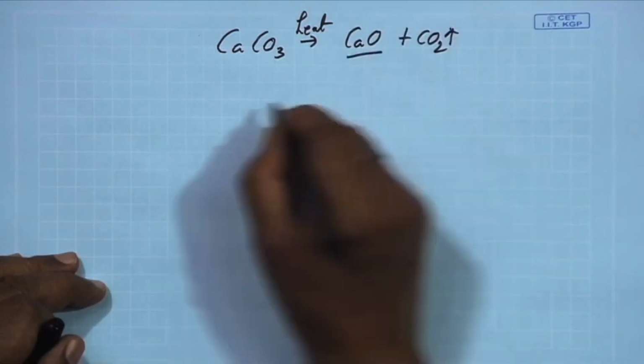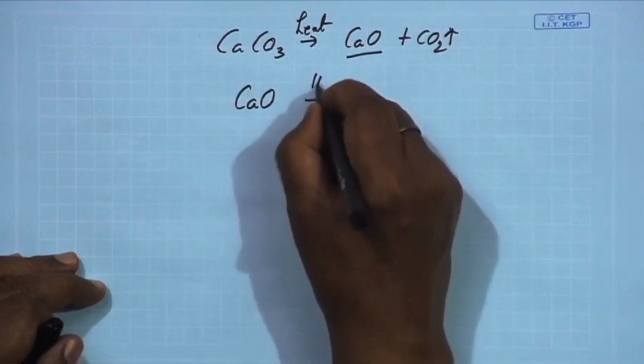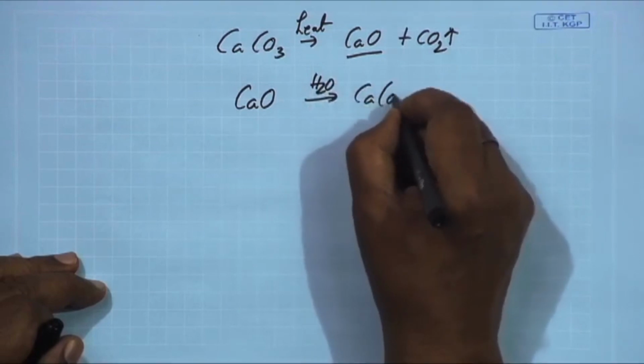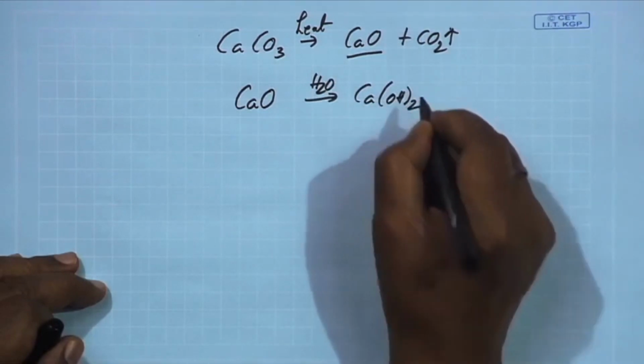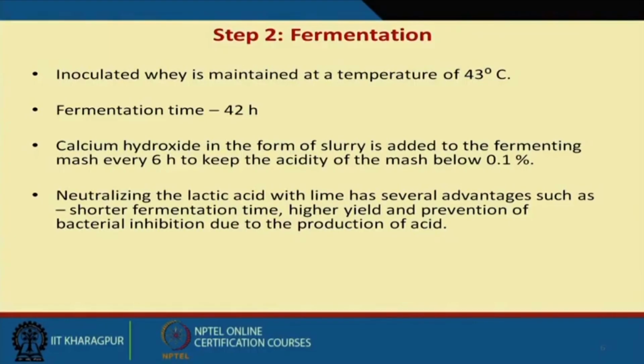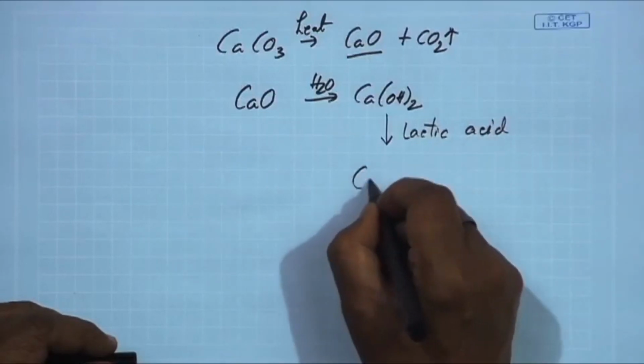Then this calcium oxide in the presence of water makes a slurry, and you get calcium hydroxide. This calcium hydroxide you have to add. And when you add the calcium hydroxide in the presence of lactic acid, it produces calcium lactate.